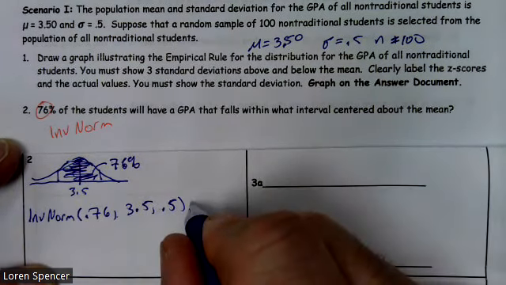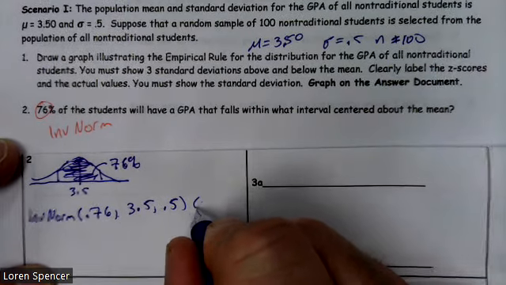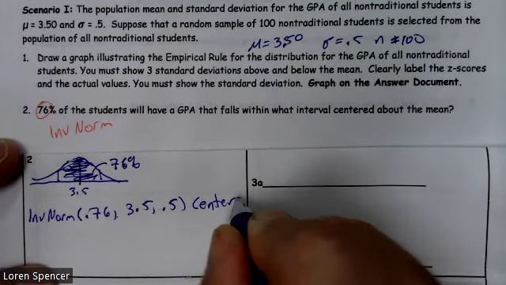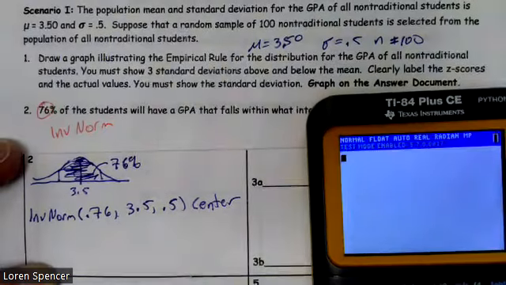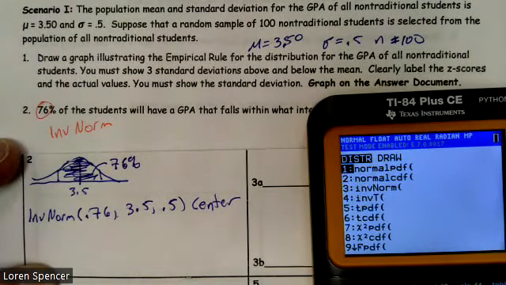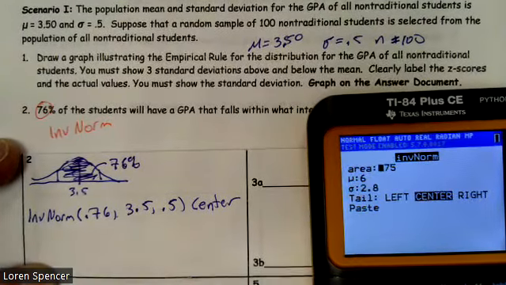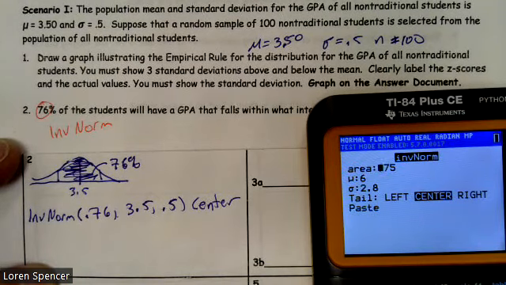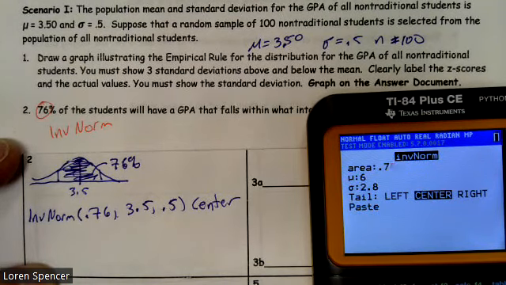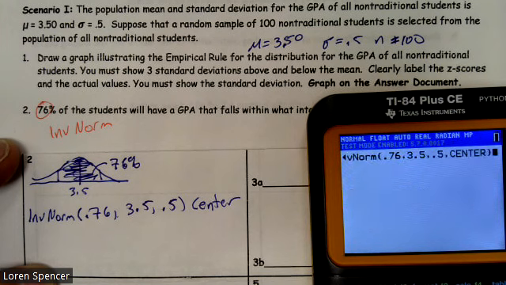The next thing it'll ask is left, center, or right, and we're interested in the center. So let's go to our calculator. Second vars, inverse norm. Our area was 0.76. Our mean was 3.5. Our standard deviation is 0.5, and we wanted the center.